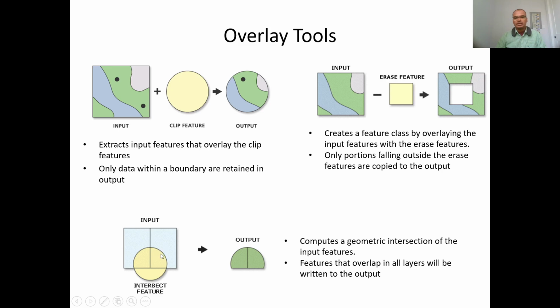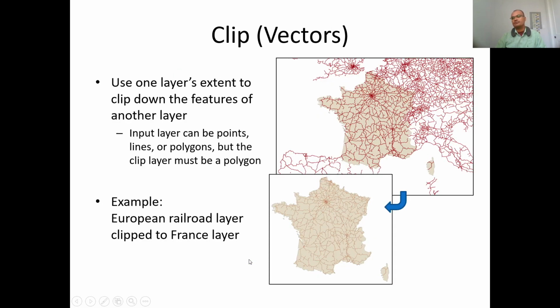You can even compute a geometric intersection based on input features. Say, for example, two features given together, the common area of both features will be extracted. We call it intersect, and the features that overlap in all layers will be written as output. You can do many overlay analyses with the help of vector-based tools.